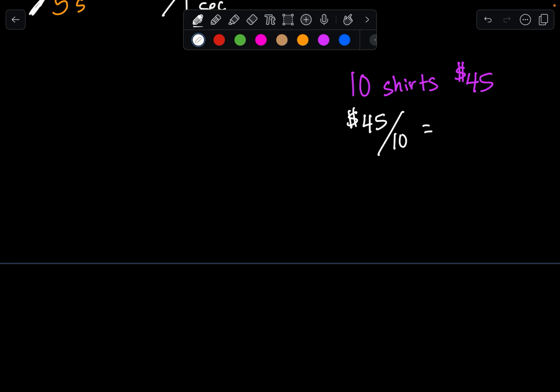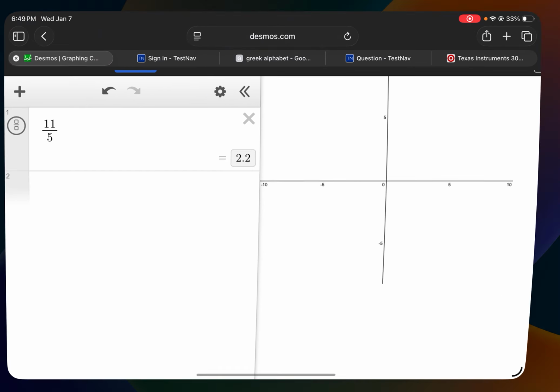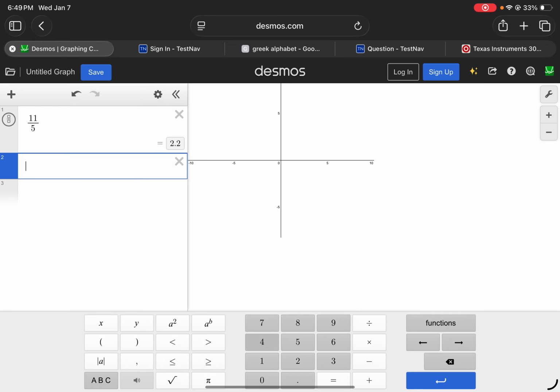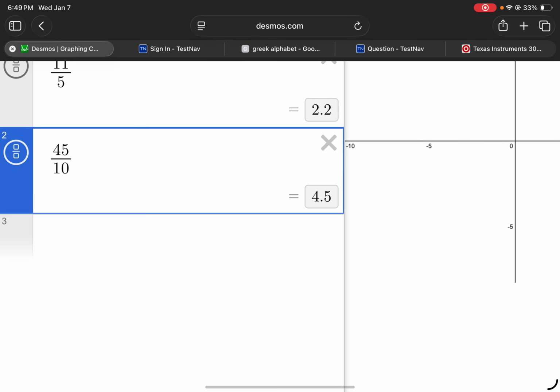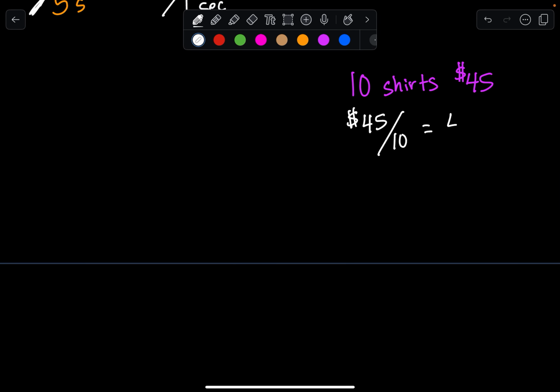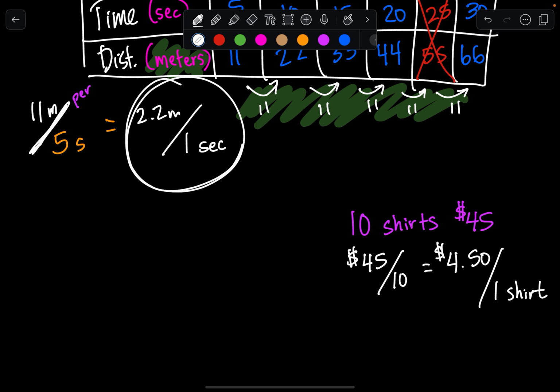So if you took 45 divided by 10, that means that one shirt is going to cost $4.50. So you'd say, oh, okay, $4.50 per one shirt. Makes a little more sense in this context versus this weird 2.2 meters a second.